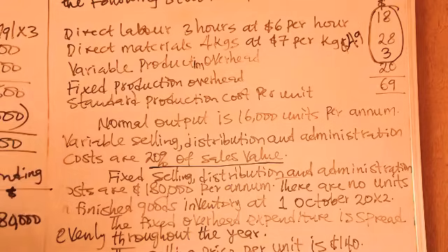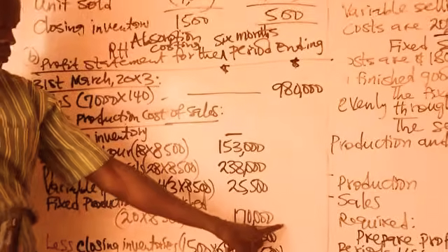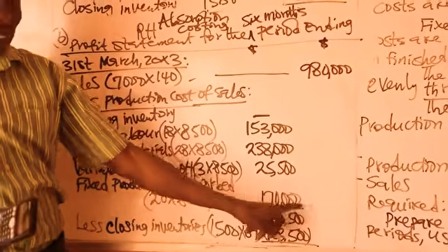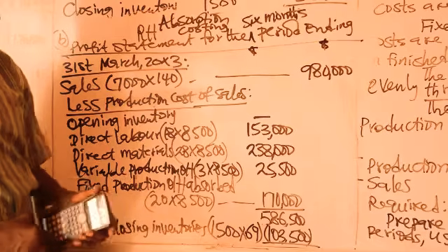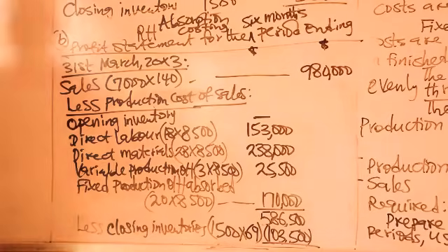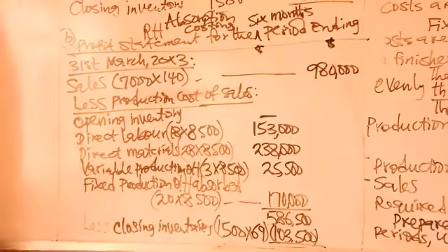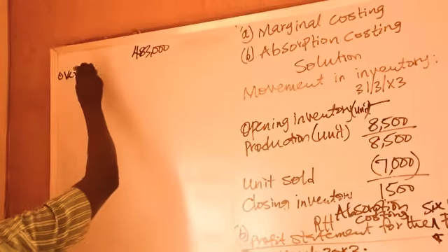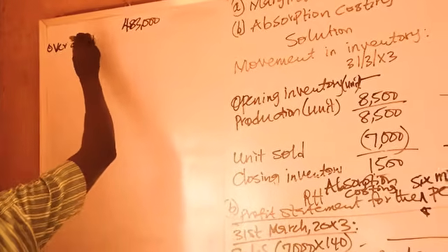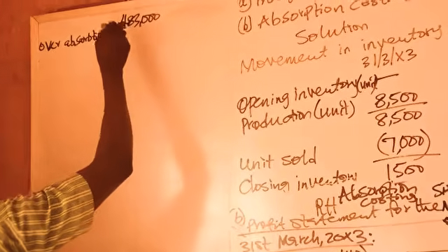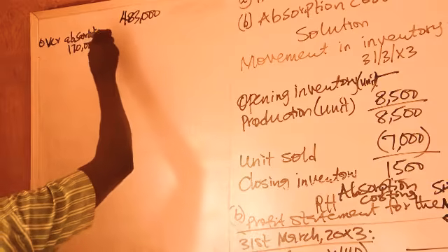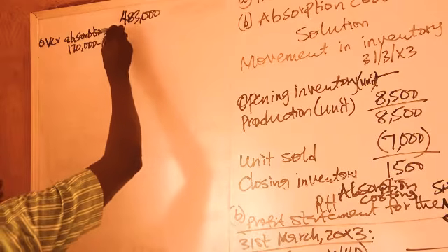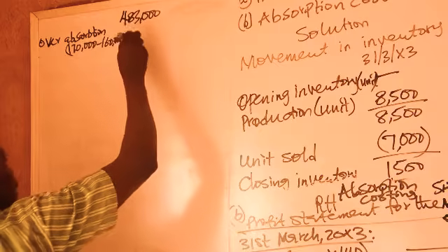The actual fixed overheads is 160,000. The one absorbed is 170,000. Since the one absorbed is more than the actual, that means there is over absorption, which is 170,000 minus 160,000, giving 10,000.